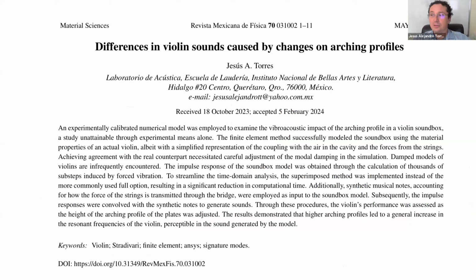It was published just a few days ago. It's free to everyone. You can go to the website of the journal and download it right now if you want. The name is Differences in Violin Sounds Caused by Changes on Arching Profiles. This is the abstract, this is all the reference.